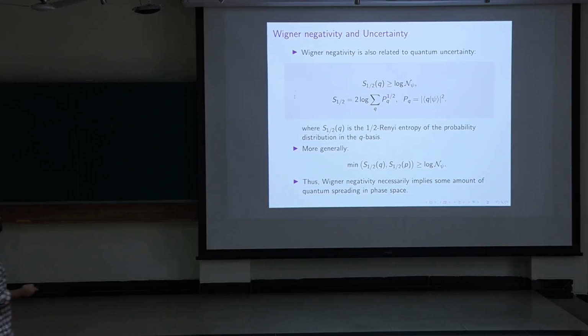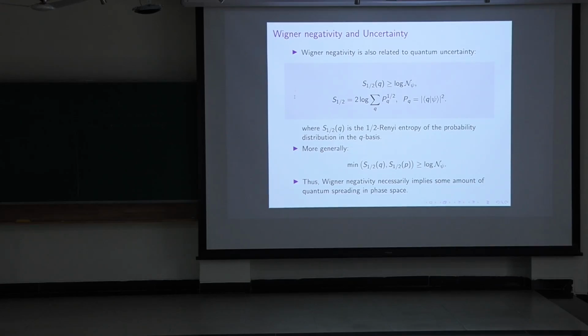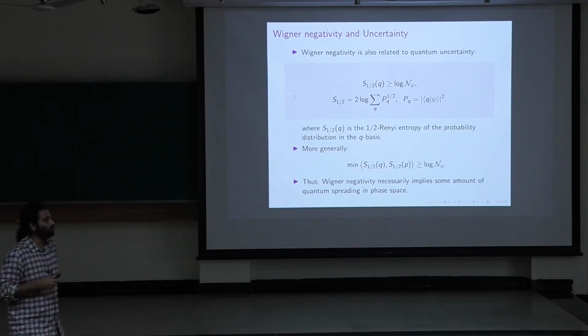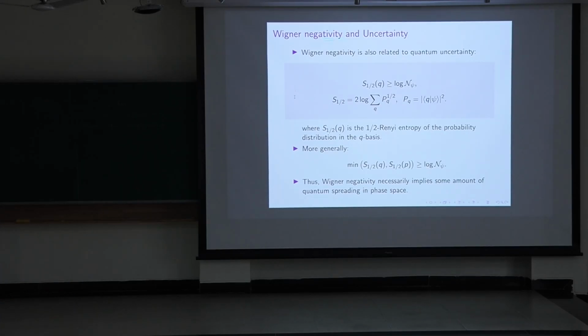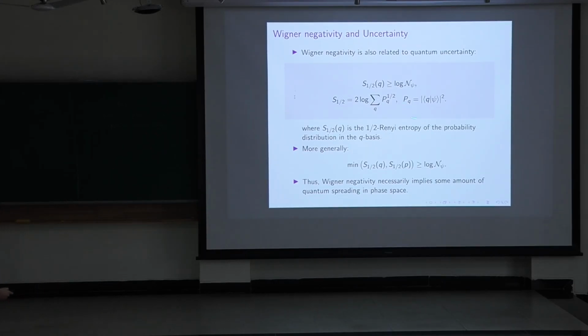Okay, very good. So there's another aspect of Wigner negativity which you can think of as a measure of an intrinsic quantumness, namely the statement that Wigner negativity is related to uncertainty. So for instance, consider the probability distribution in Q. Q was your ordered orthonormal basis that you picked.